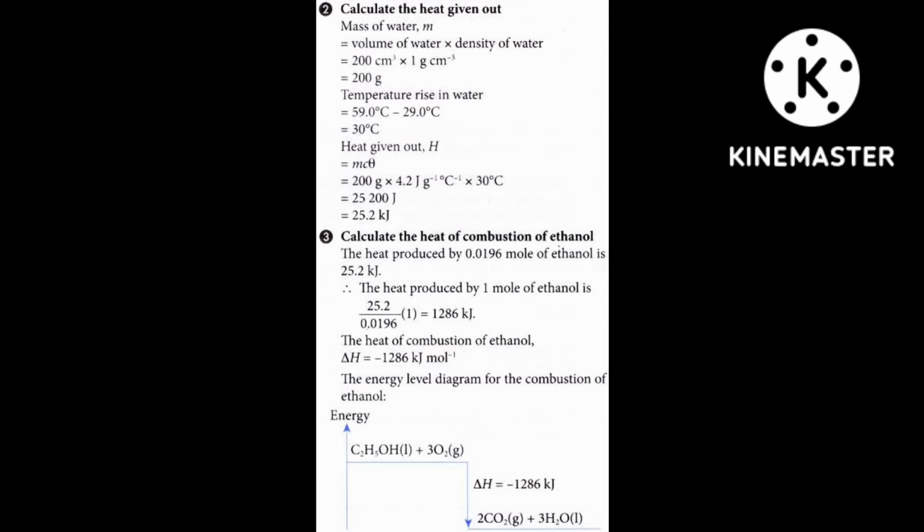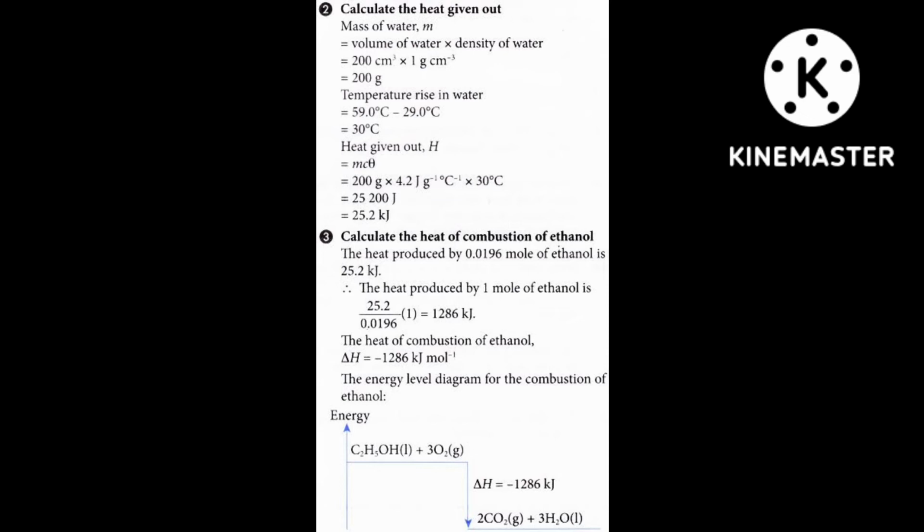To bring 6 H, you have to write 3H2. Then one equation is ready: 6C plus 3H2 gives C6H6. Delta H you don't know.